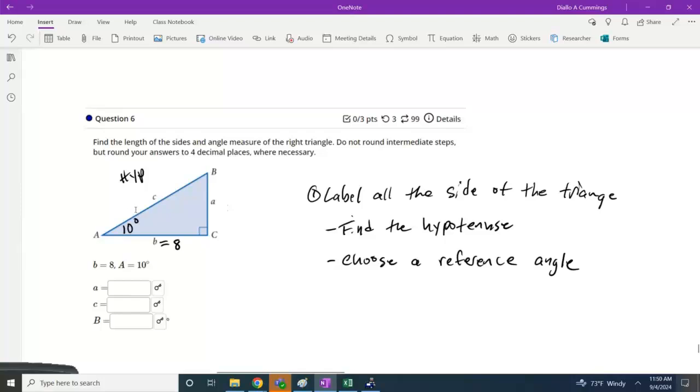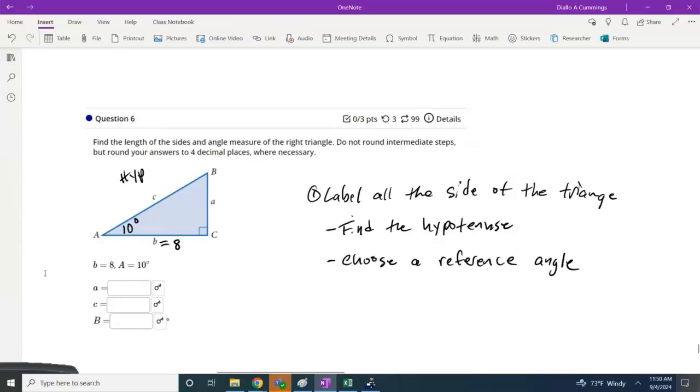The reference angle that you choose, one person may choose one reference angle, another person may choose another reference angle. But if you label your sides according to your reference angle, you can't go wrong. If you've ever heard the expression, there's more than one way to skin a cat, somebody might set it up this way, somebody might set it up this way, but the final answer would be exactly the same.